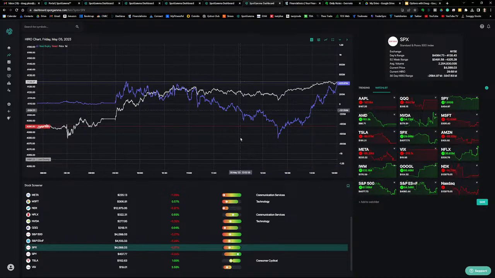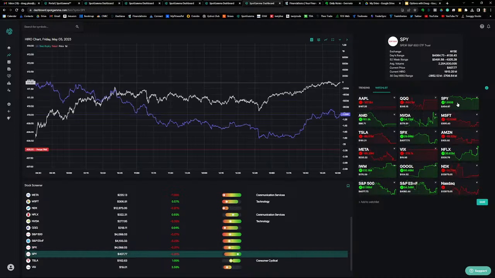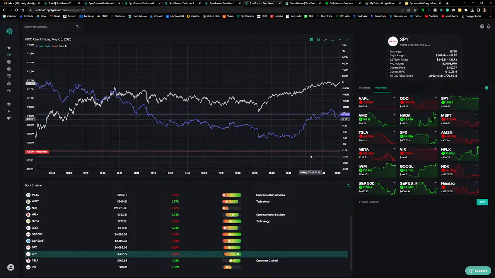And now it has shifted bullish. So that number shifted from about negative 300 to positive 400. So that's SPX. There's SPY. The number is still negative at around minus 1 billion, but it has shifted to moving higher.